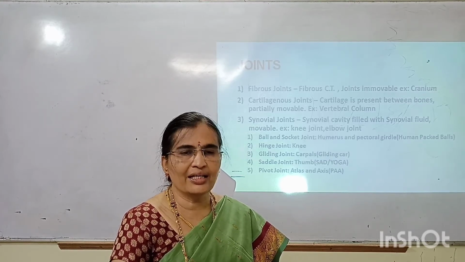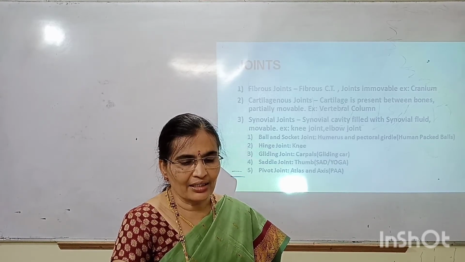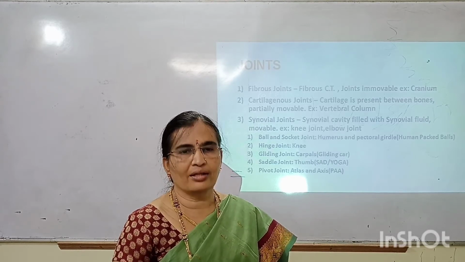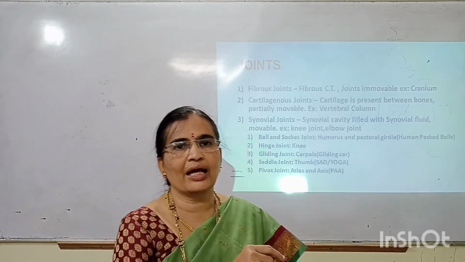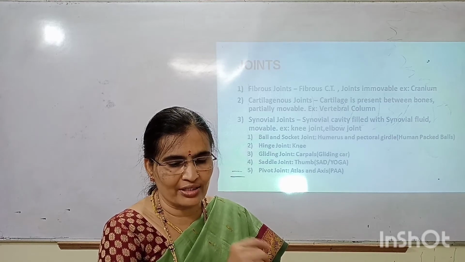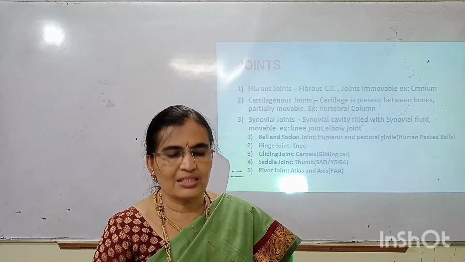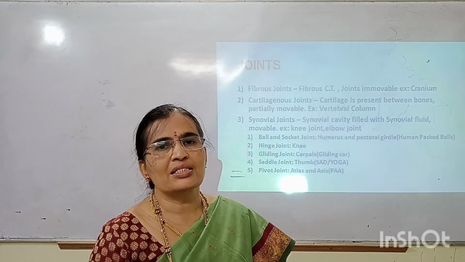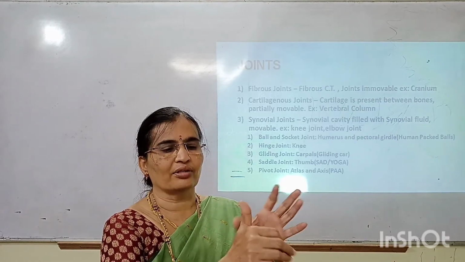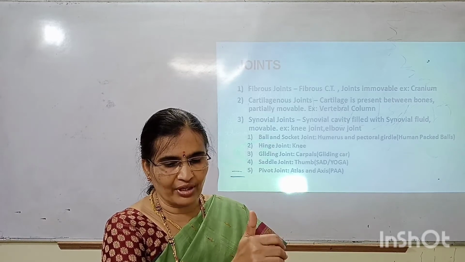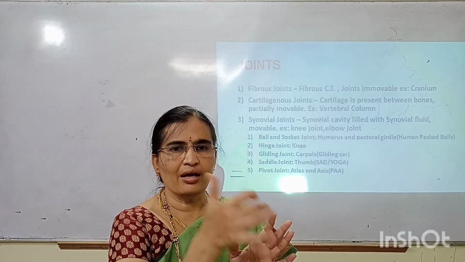Then gliding joint. That is in the carpals. In the carpal region, gliding joints are present. Then saddle joint. In the thumb region, a saddle joint is present.